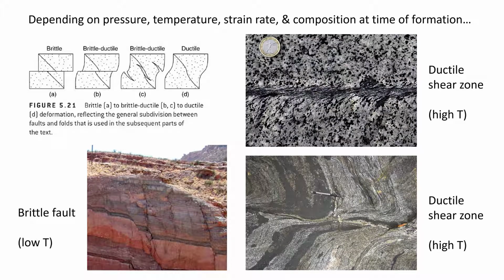Igneous fabrics form depending on pressure, temperature, strain rate, and rock composition at the time of formation. You can have these expressed in a few different ways. So on the brittle side of things, this happens at a low temperature, and this would be the same shearing process as faults, like the example shown on the bottom left photo.